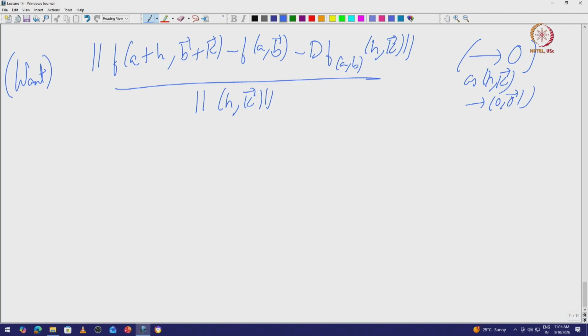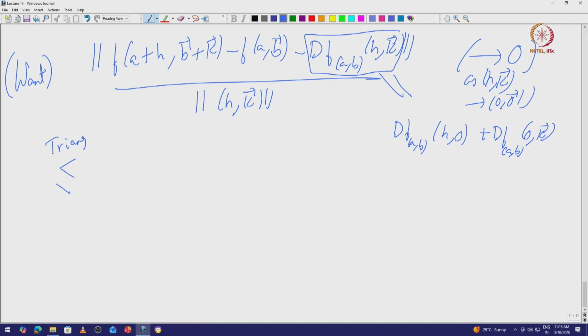All right, now as always, our best friend is the triangle inequality. So the first thing to note is that this, being a linear map, is a sum of two things, right? Okay. Now we shall add and subtract, to conclude using the triangle inequality.